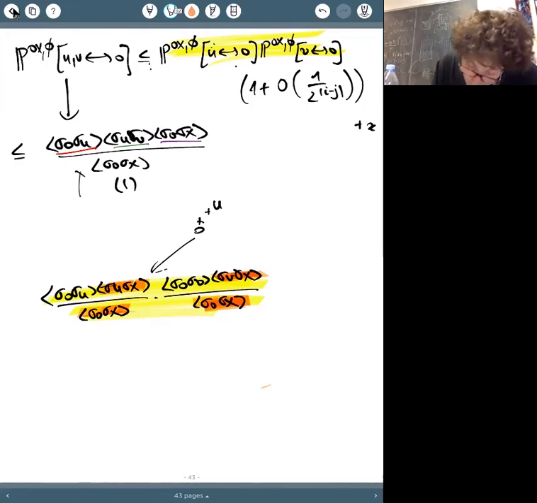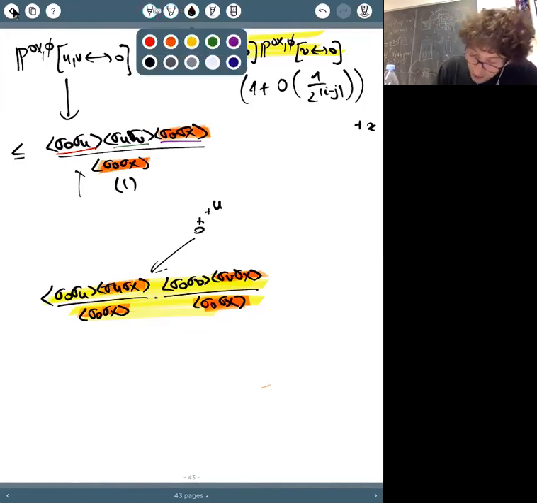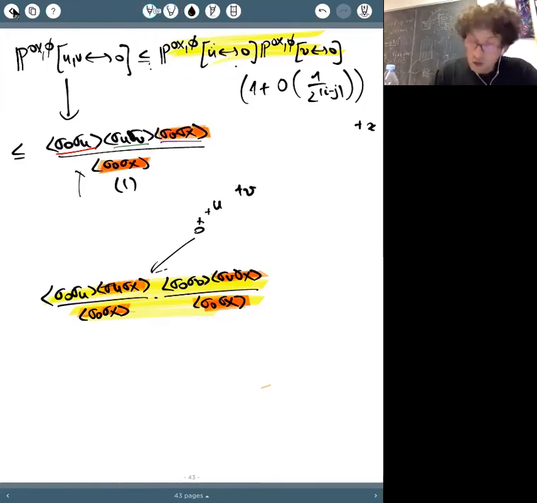But at the top, this guy is also very close to this guy, right? v is much farther than u, but it's still much closer than x. So in both cases, I had a lot of products, but only two guys were important because the other ones you can pair in such a way that they give you 1. So the only thing that stays is sigma 0 sigma u for the first guy, and sigma u sigma v. And in the second guy, you exactly get sigma u sigma v and sigma 0 sigma v.